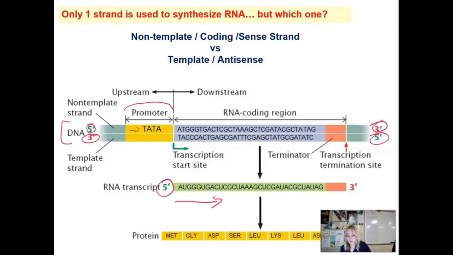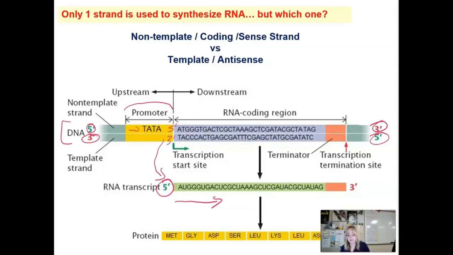So is the top strand going to be complementary to my transcript or the bottom? What do you think? You can see the top strand right here, we would have the 5' end, and the bottom here is a 3' end. And I need to make a complement. So clearly the bottom strand is going to be used as the template strand.